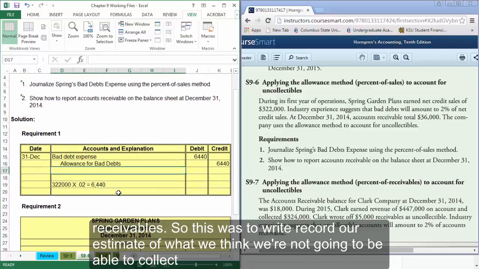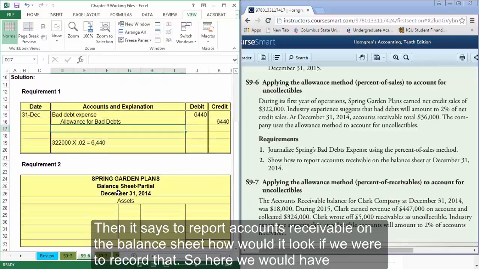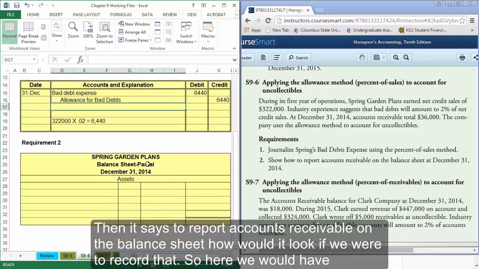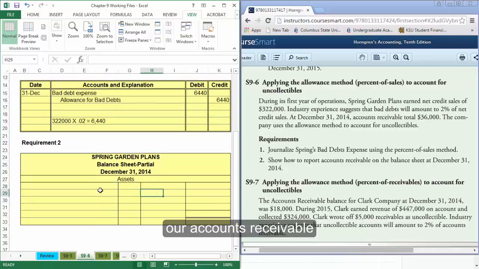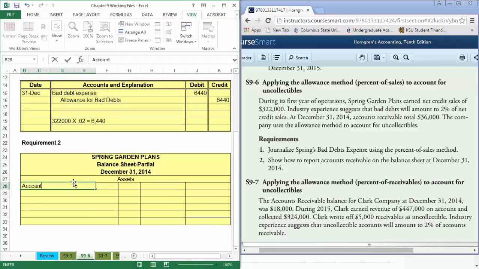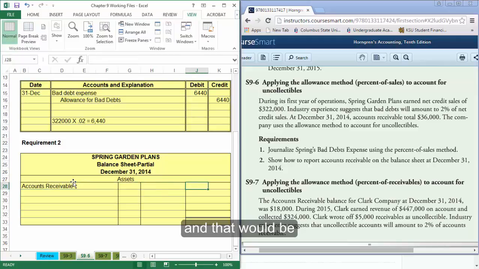All right, then it says to report accounts receivable on the balance sheet. How would it look if we were to record that? So here we would have our accounts receivable, and that would be $36,000.